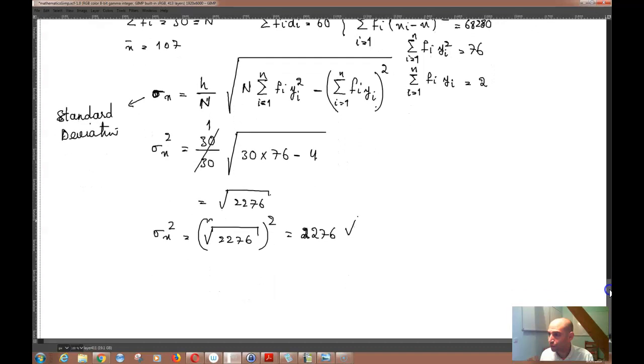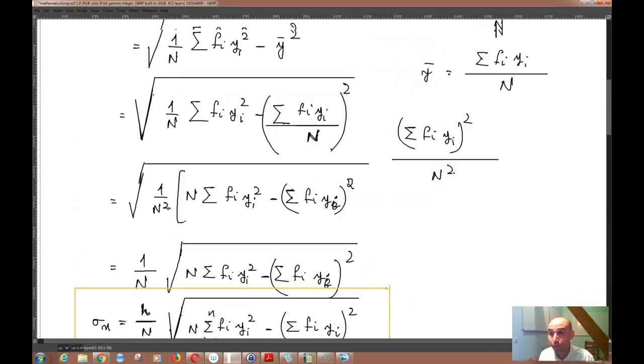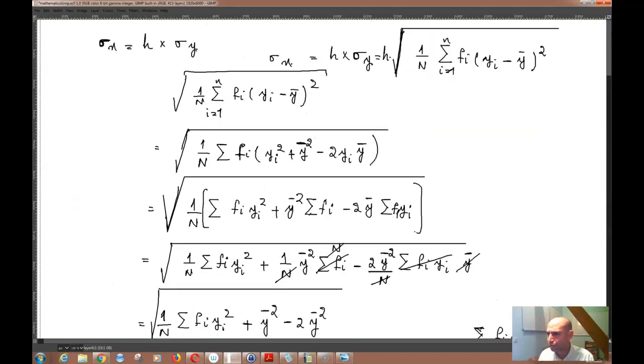before. For example, the formula that we had for variance was, let me show you this formula.